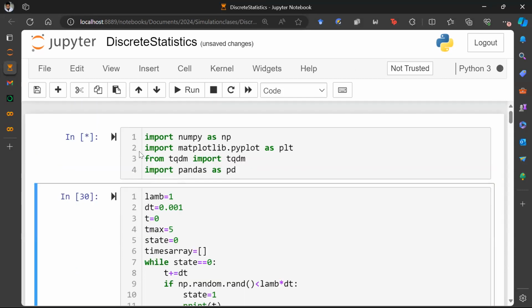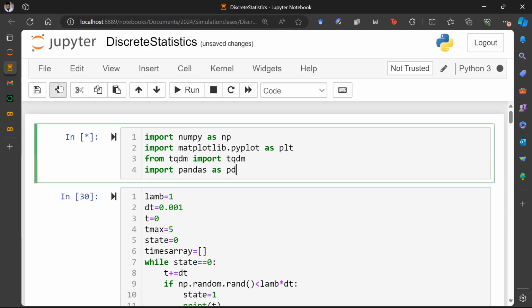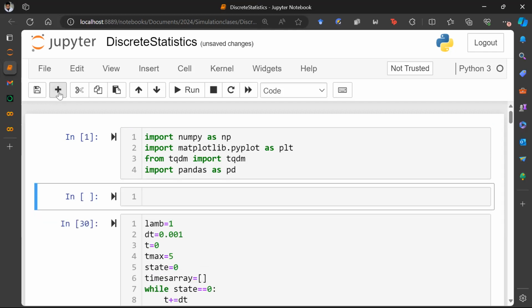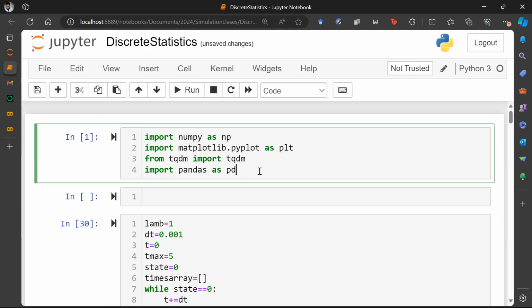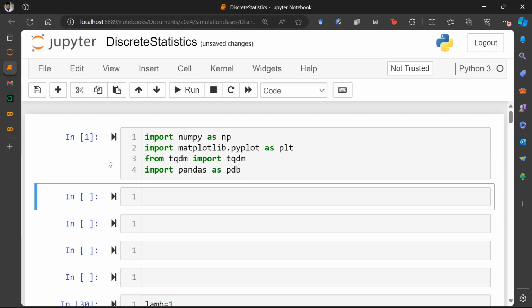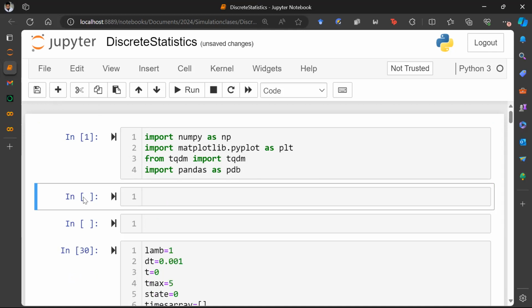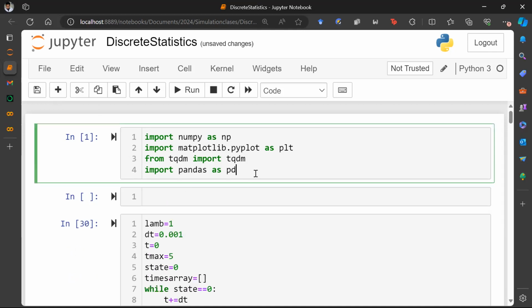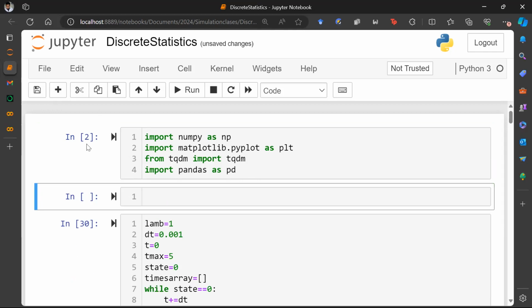Okay. So I press Shift Enter and I make a new block using this plus sign here, or right clicking here, I write B. Okay. Shift Enter.